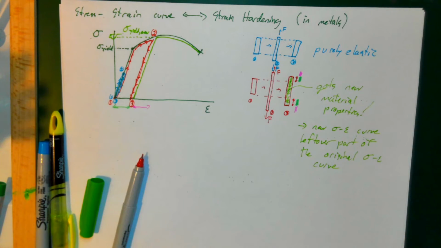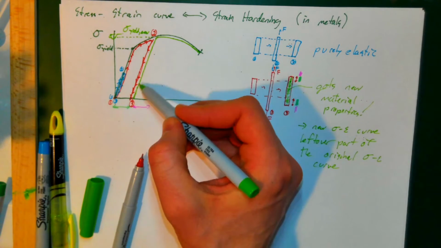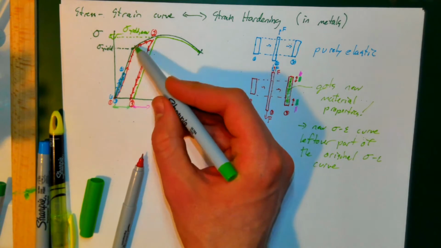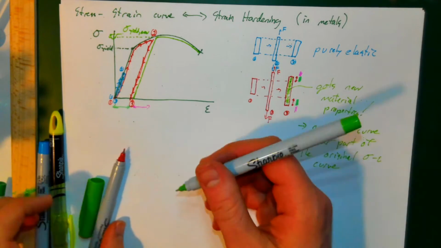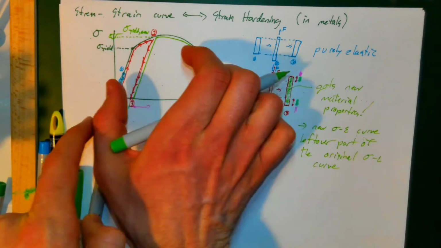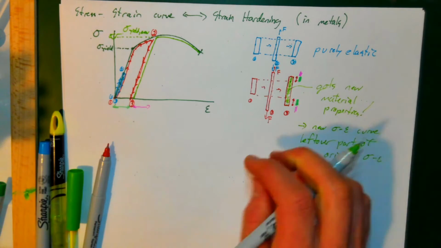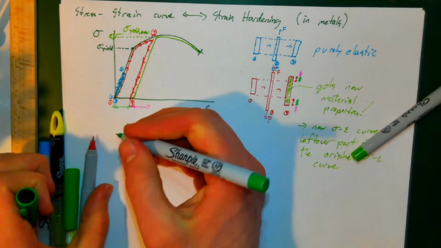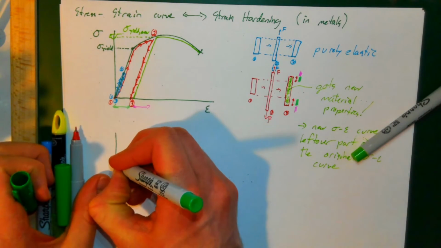So what's the key thing here? Well, in order to compare what the new stress strain curve looks like compared to the old one, let's just imagine that this new stress strain curve, I kind of cut and pasted it and shifted it over to the same original axes, or the same original origin.